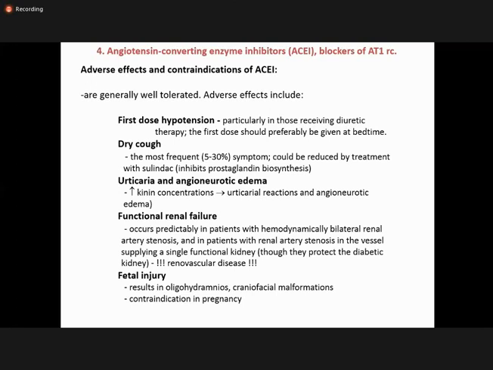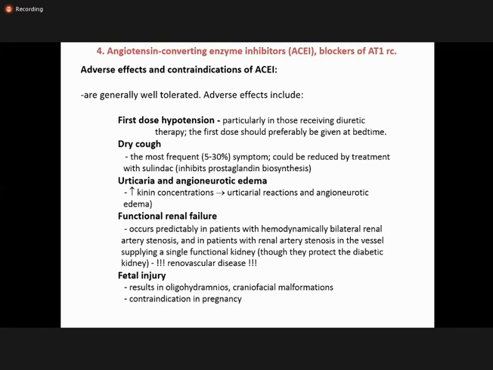When we use angiotensin receptor blockers, we are not going to disturb the activity of bradykinin, right? How? We are not going to disturb the activity of angiotensin converting enzyme, right? So what will happen? There will be inactivation of bradykinin.